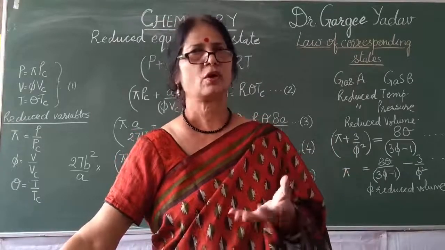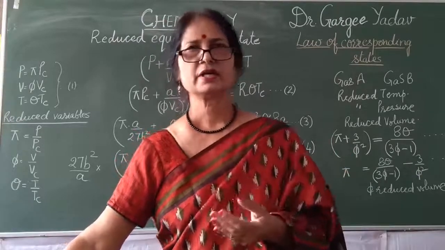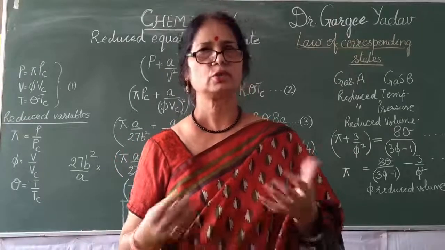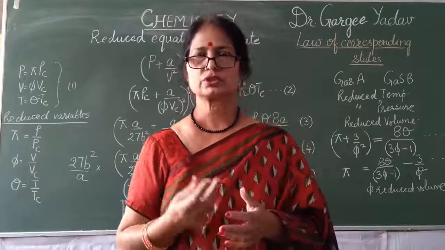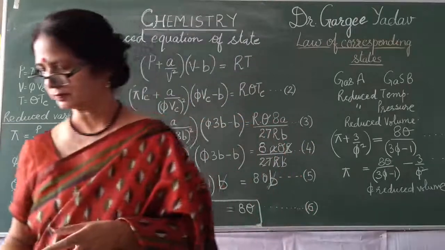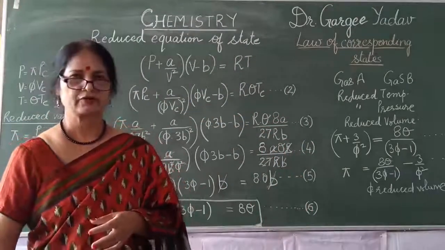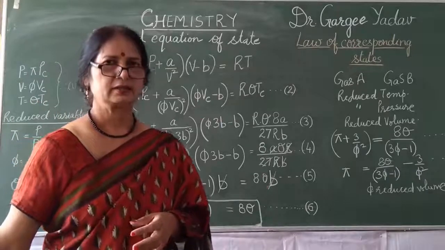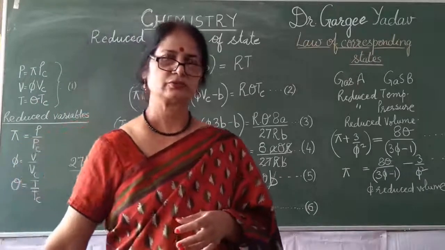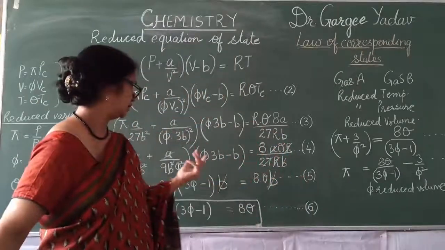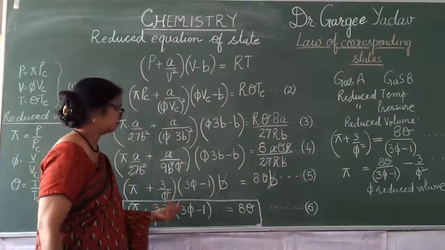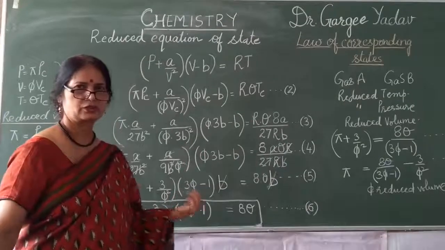So this shows that all the gases in the corresponding states deviate almost equally from the ideal behavior. So these are the two most significant points for this law of corresponding states, and you have to go through them because there are numerous numericals which are being framed on this equation.